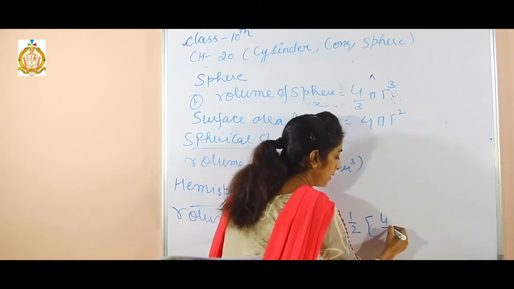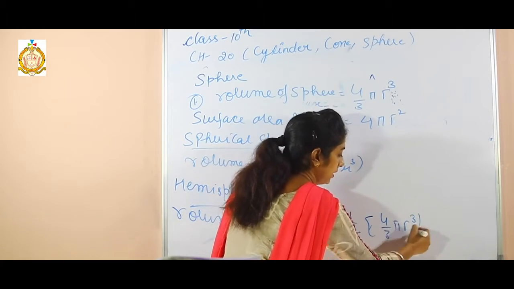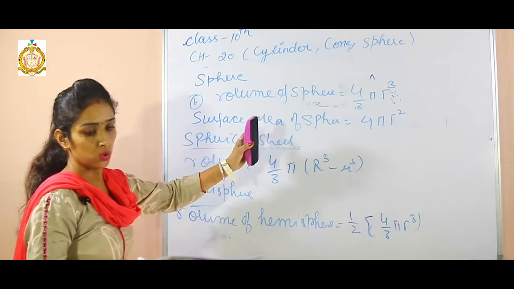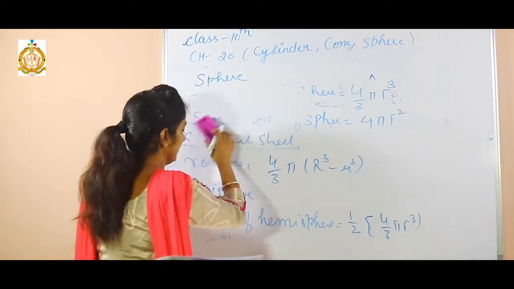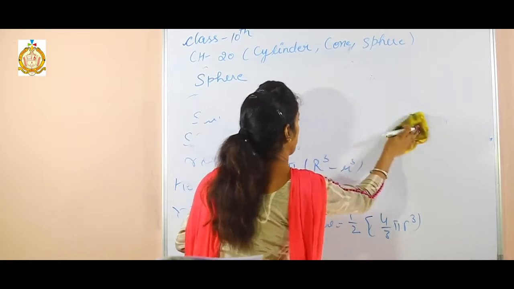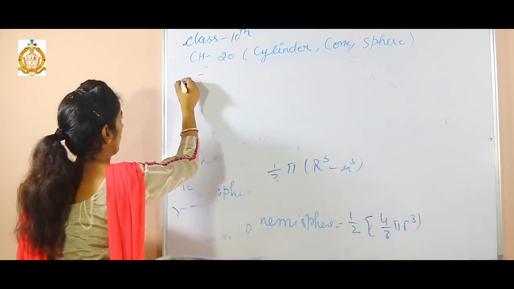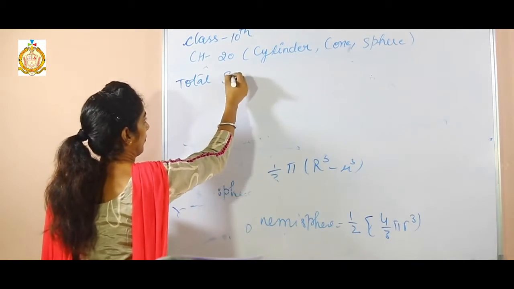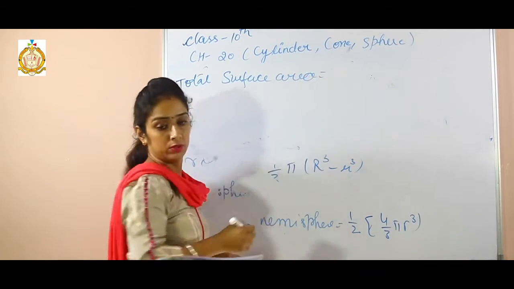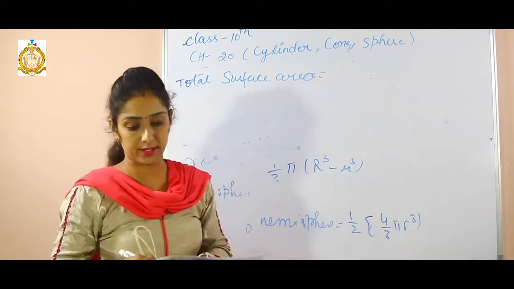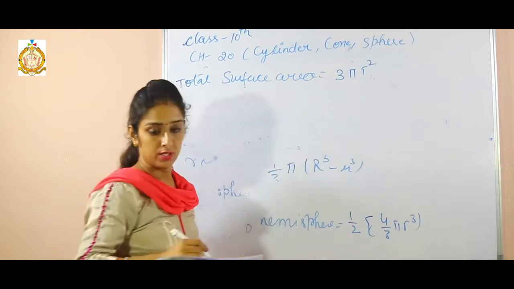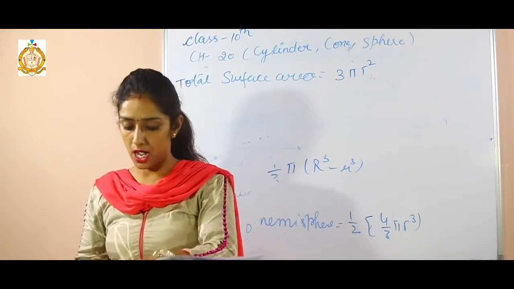That is 2/3 pi r cube, right? And the total surface area is different. Now, total surface area, that is 3 pi r square. That is 3 pi r square.